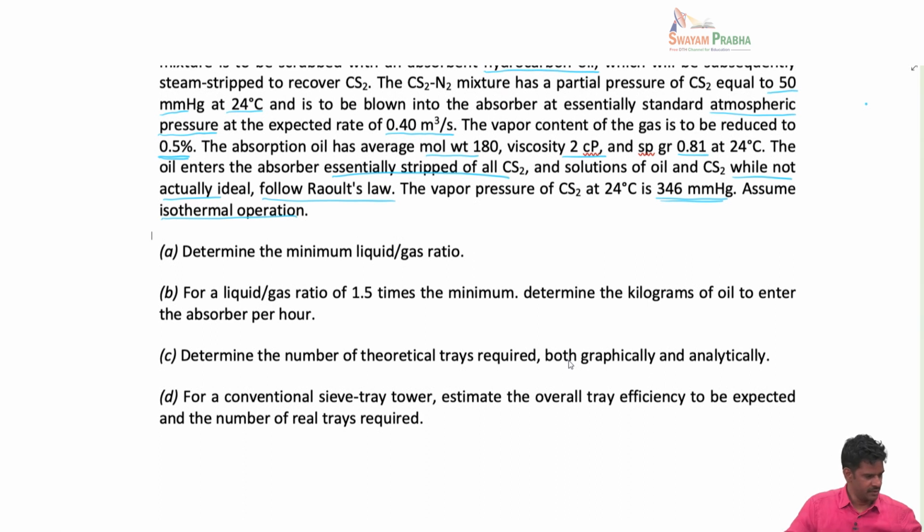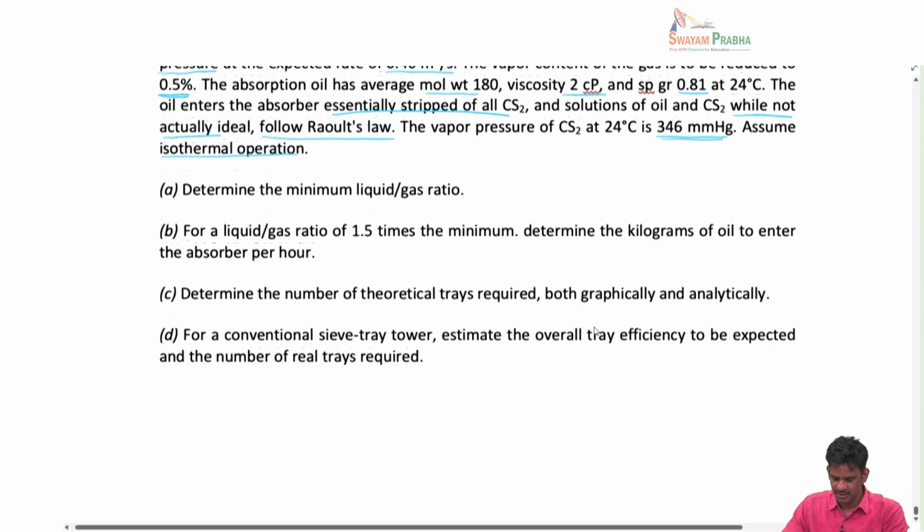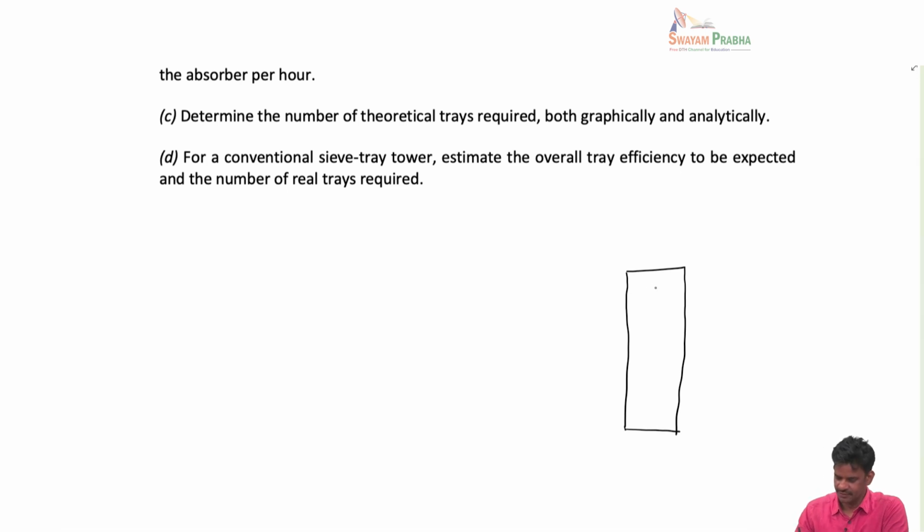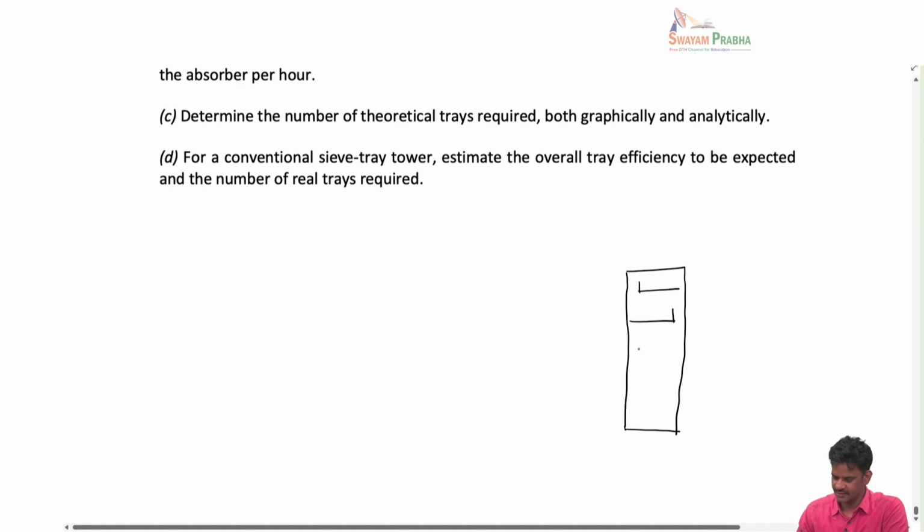So first thing I will do is make a schematic of the absorber and then make note of things that we know. So here is my absorber. Remember, it is a tray tower. So I will make trays like this, just to distinguish this from the packed tower that we dealt with before.